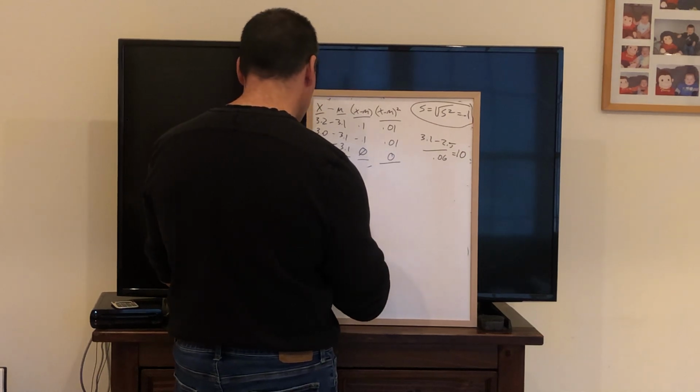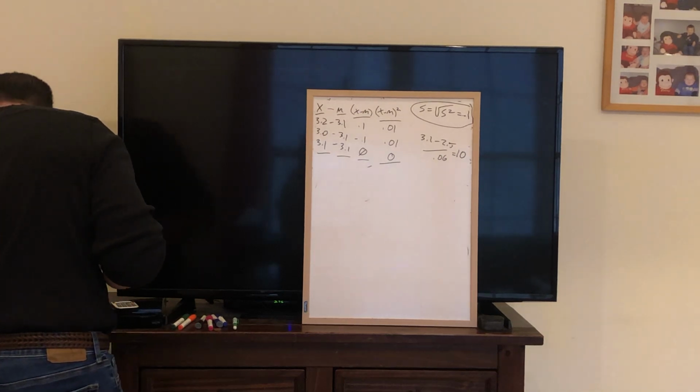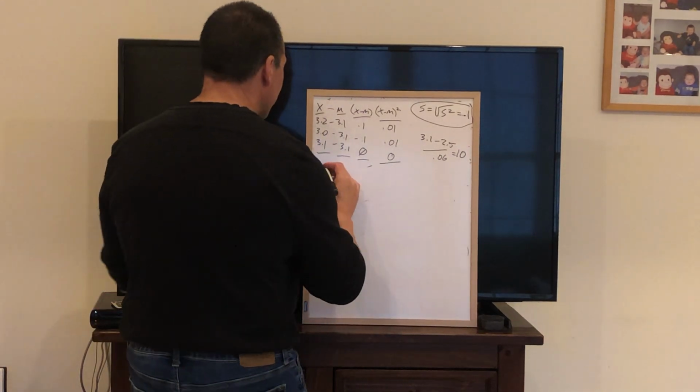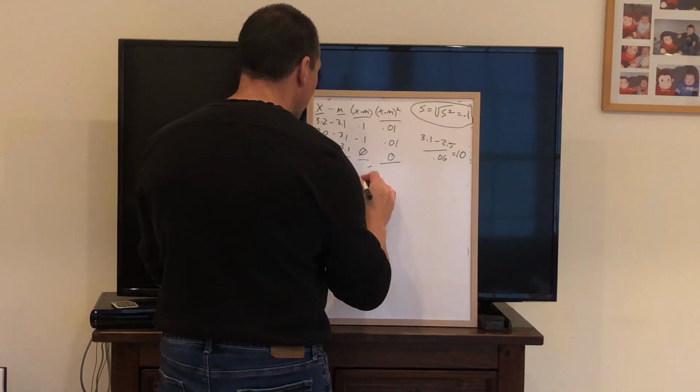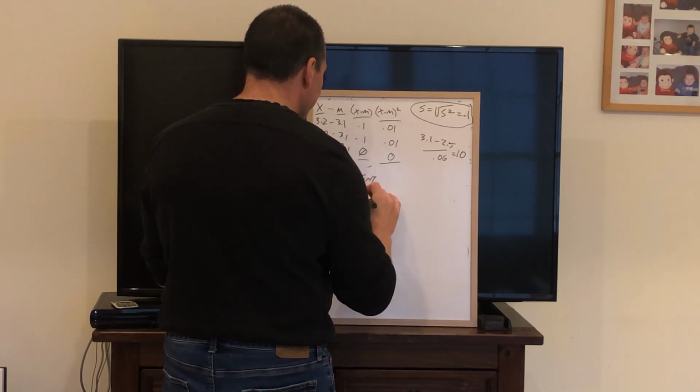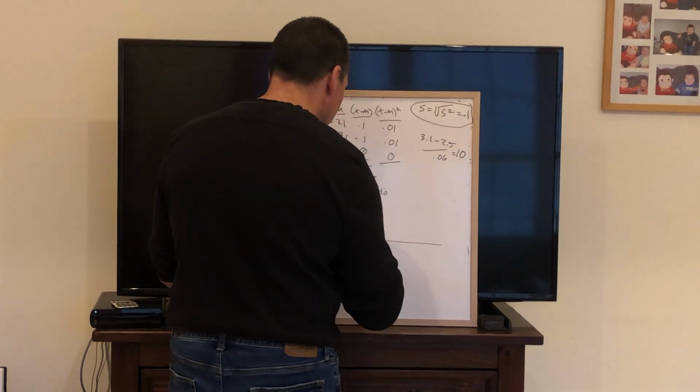Okay, so that was step number 4, computing t. In step number 5, we're going to comment on the null hypothesis. Okay, so here's my t distribution.